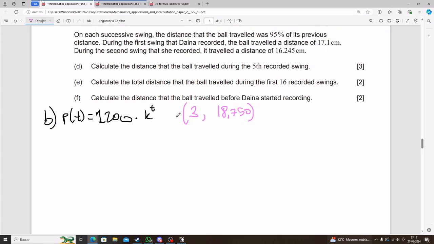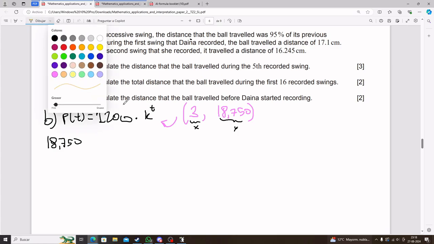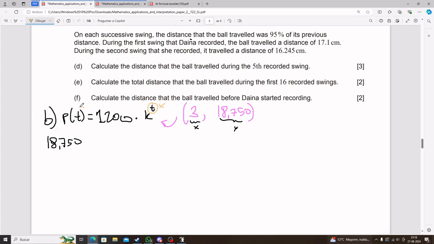Remember that P(t) is simply your y, and this is your x. So if you plug in, you end up with 18,750 equals 1,200k to the power of 3.